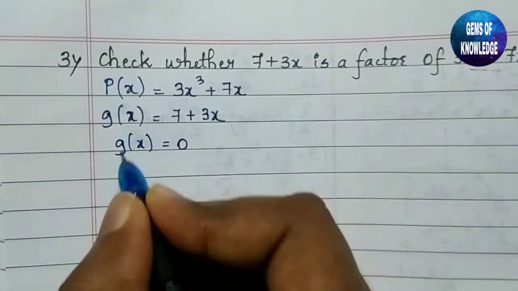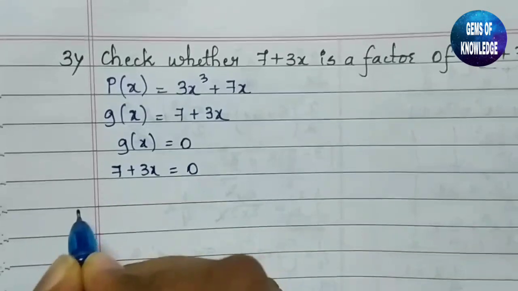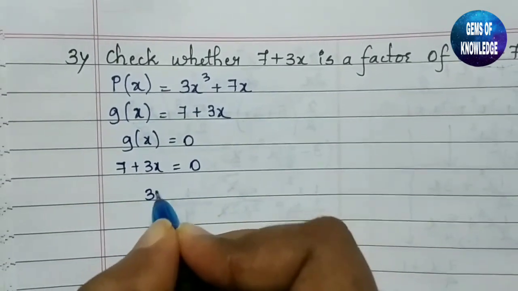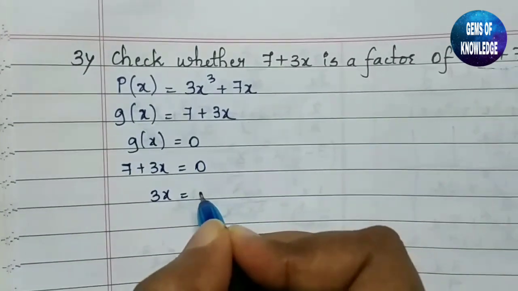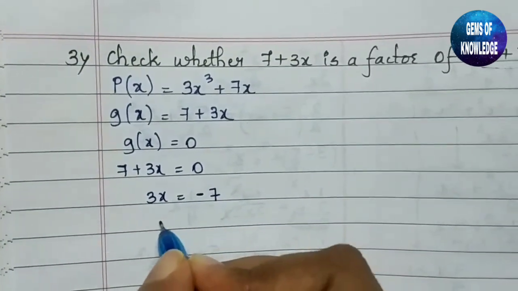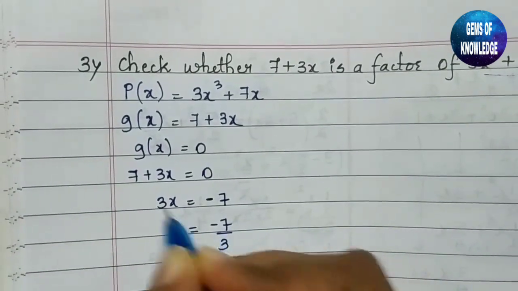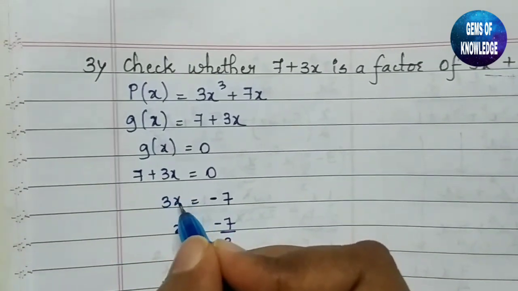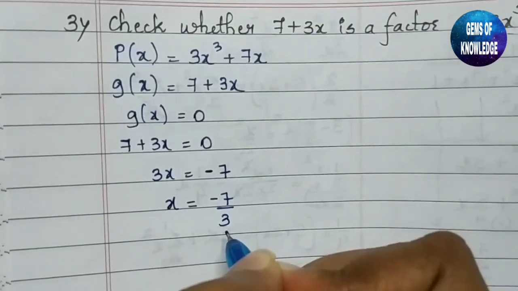So g of x value is 7 plus 3x, which equals 0. So we are getting 3x is equal to, when we take this 7 to this side, minus 7, and the value of x will be minus 7 divided by 3. Since here it is 3 into x, when we take this 3 to this side, we are getting divided by 3.